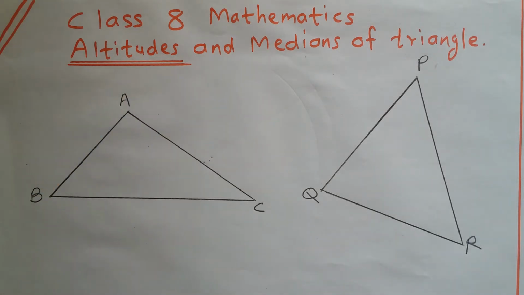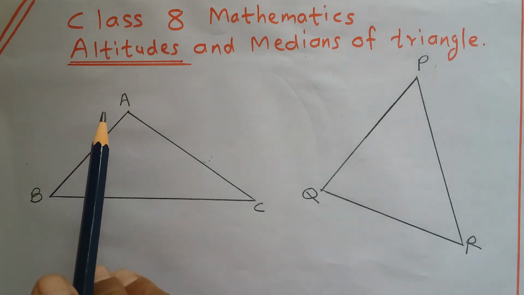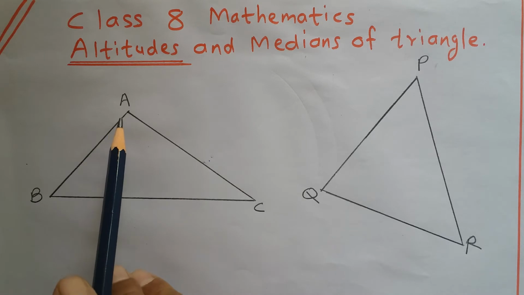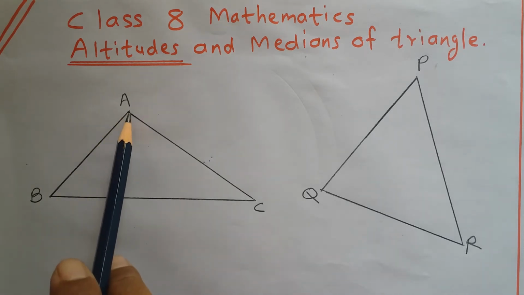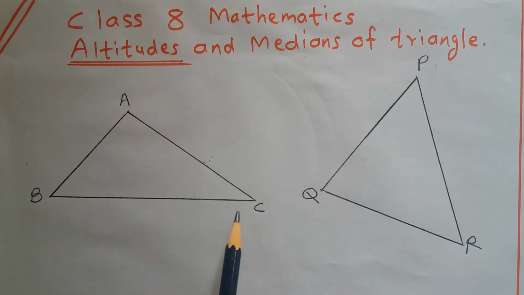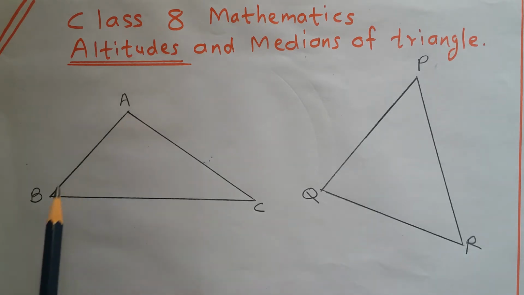So what will we do? We will draw a perpendicular from A, and the side opposite to this vertex A is side BC. So let us draw a perpendicular from point A on the side BC.